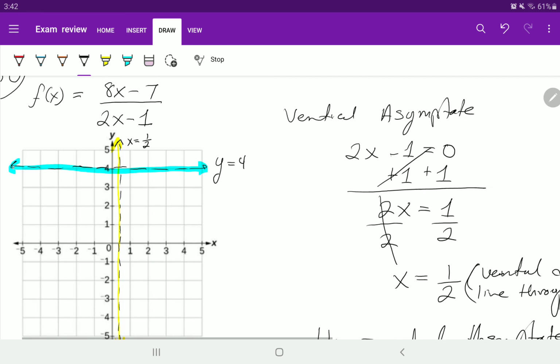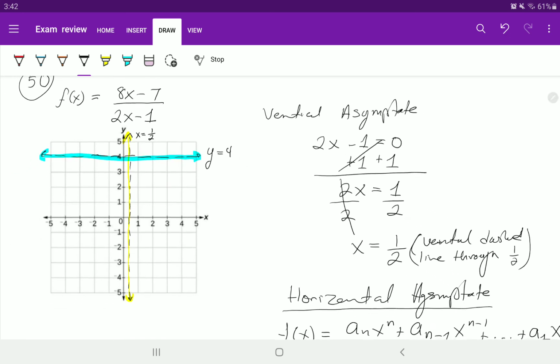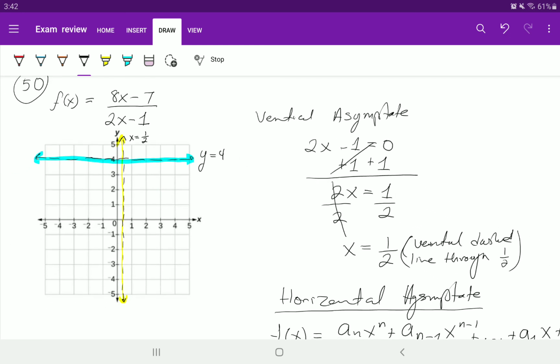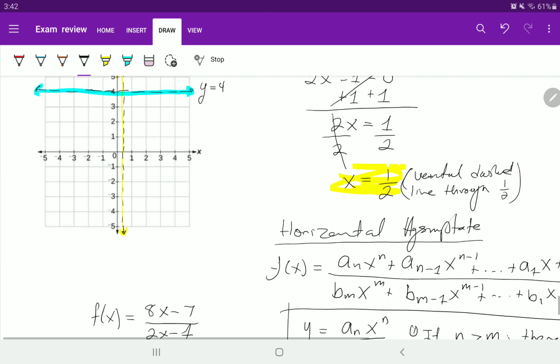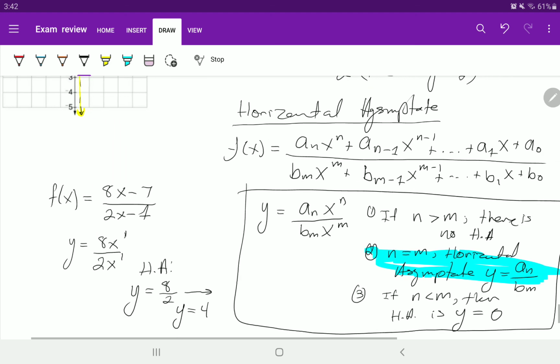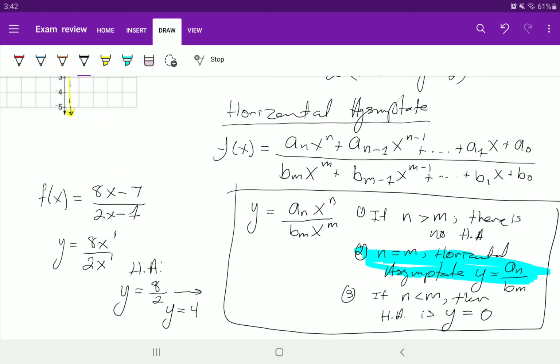And that is how I find my vertical asymptote. Once again, for the vertical asymptote, take the denominator of your rational function, set it equal to 0, solve for x, and graph the vertical line, which is x equals 1/2. To find the horizontal asymptote, you take the leading term in your numerator and the leading term in your denominator and see which rule applies based on the degrees.